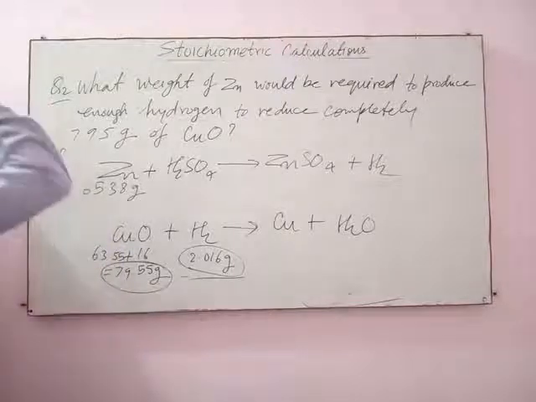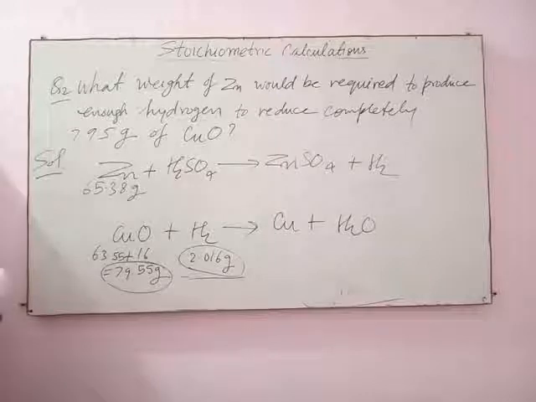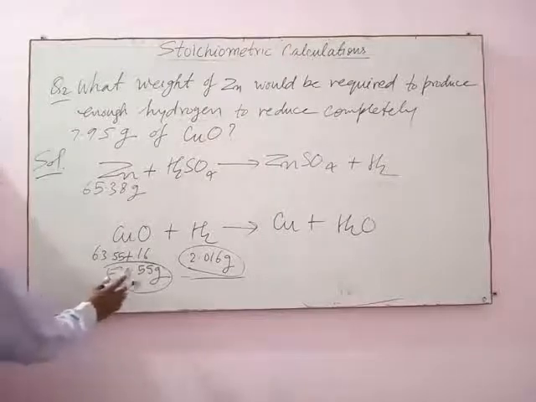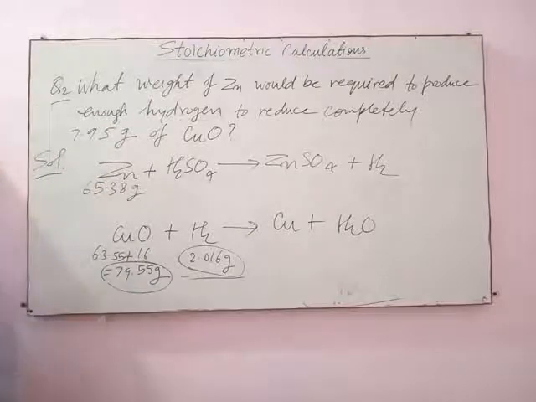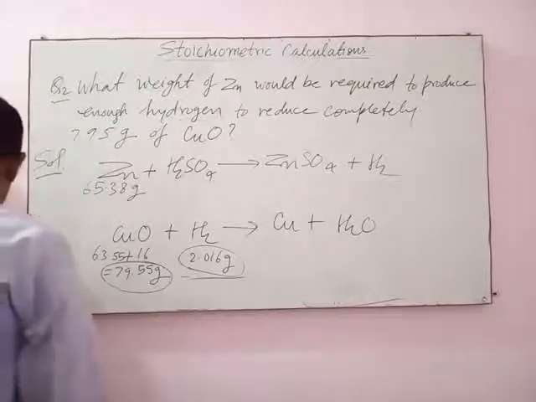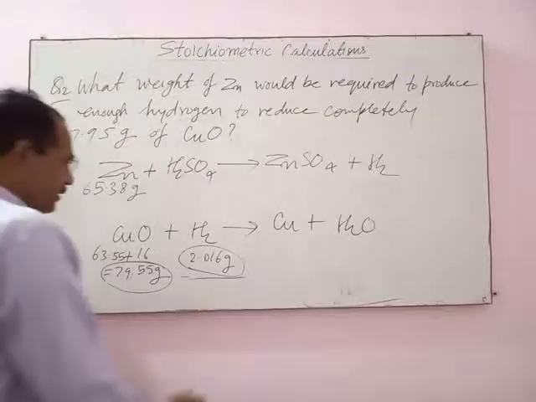Then with the help of this equation you can calculate, 7.95 grams of copper oxide will require how many grams of hydrogen?